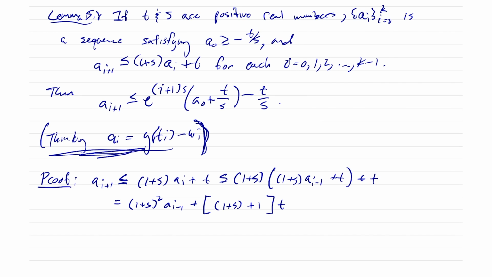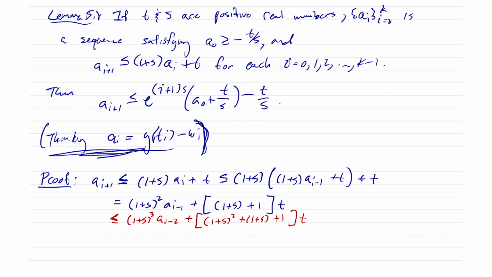So let me change color so we can recognize it. So this is less than or equal to (1 plus s) cubed a_{i-2}, and what's left over here is going to be ((1 plus s) squared plus (1 plus s) plus 1) times t. And then you keep going and you can extrapolate a pattern.